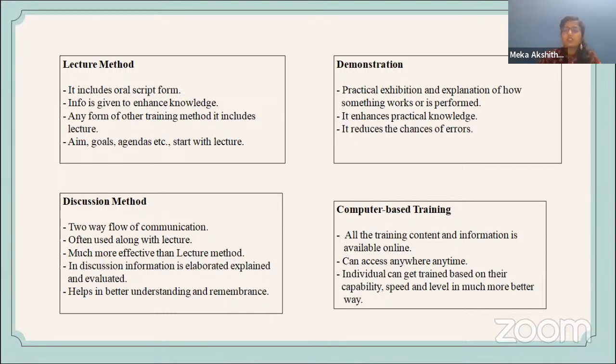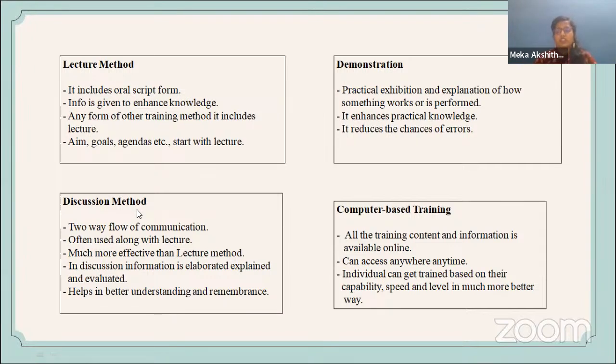It would be effective when it is offline. And it also helps in reduction of errors when the employee knows how to do it. Also in demonstration, once the trainer shows the employee how to do it, they will also ask the employees to do it, to check if they understood the whole process or not. Then it would help them in reduction of errors because they know what process to follow.